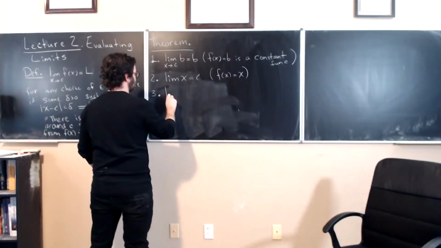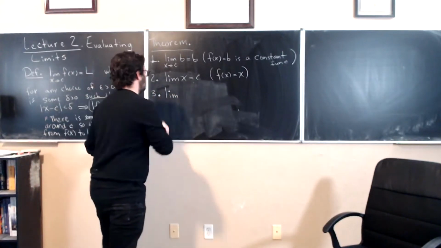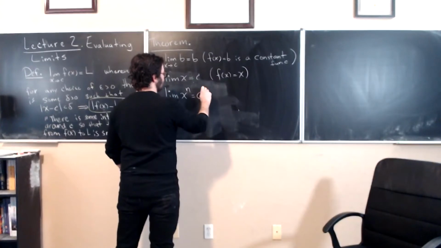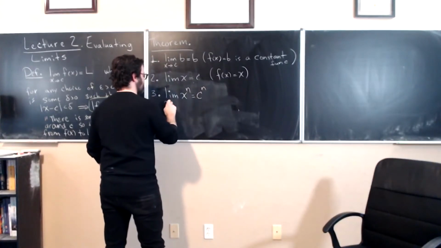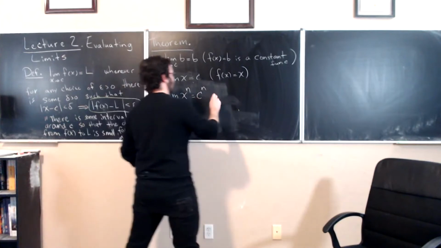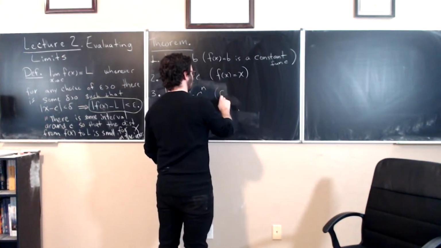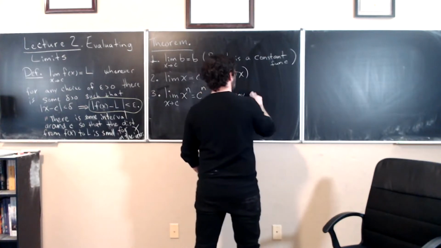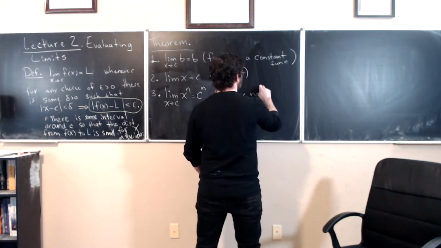So the limit of x to the power n is equal to c to the power n, again, as x approaches c. And this is for any natural number n.